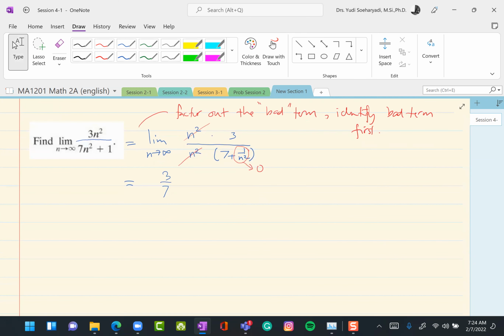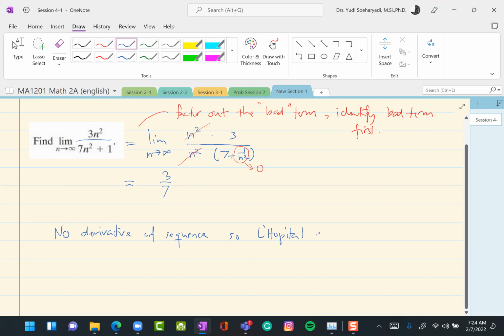So I would say you cannot use it directly. Indirectly, yes. What I mean by directly: in this case, L'Hopital is not applicable.